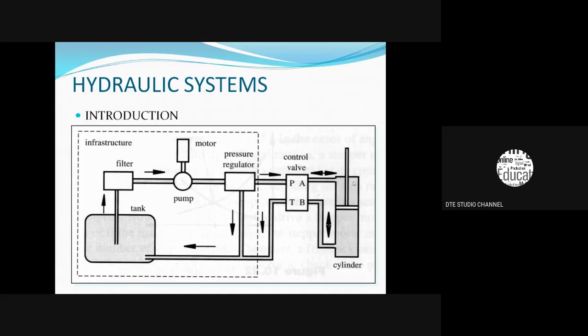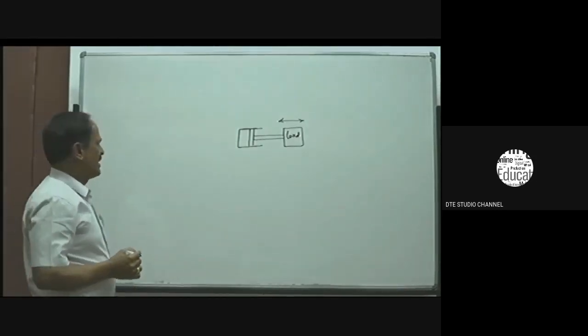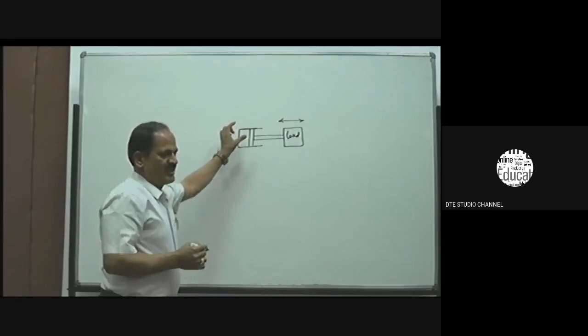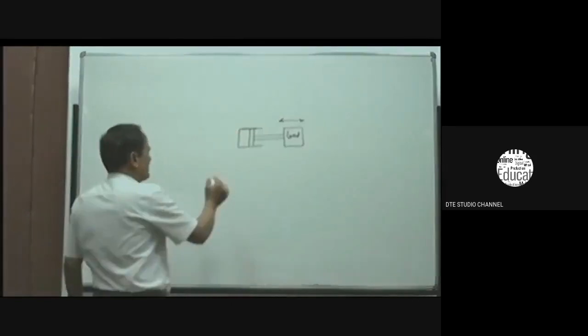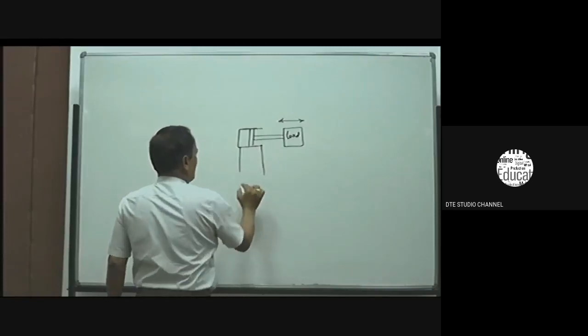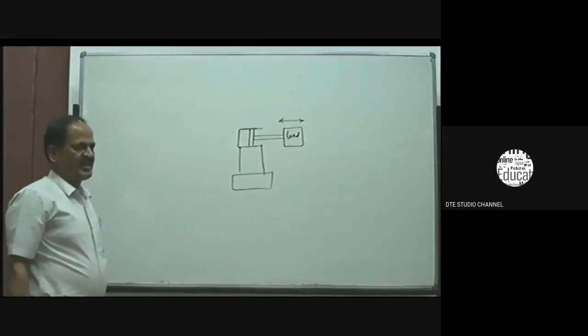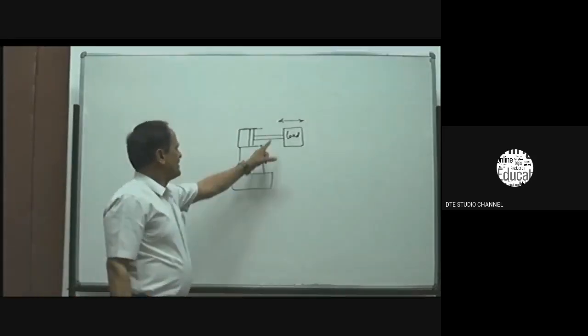At the end of piston rod, there is a load, and load can be moved in horizontal direction or vertical direction, depending upon the position of a cylinder. This cylinder is a linear actuator. The two ports are connected to the DC valve. I already explained the meaning of DC valve. So, this is called linear actuator.